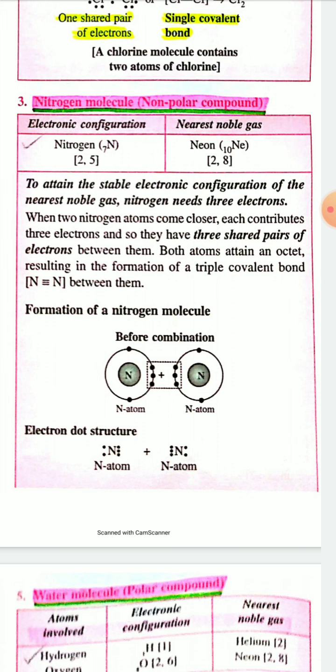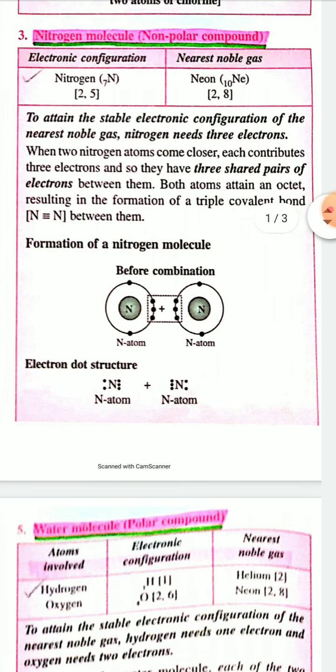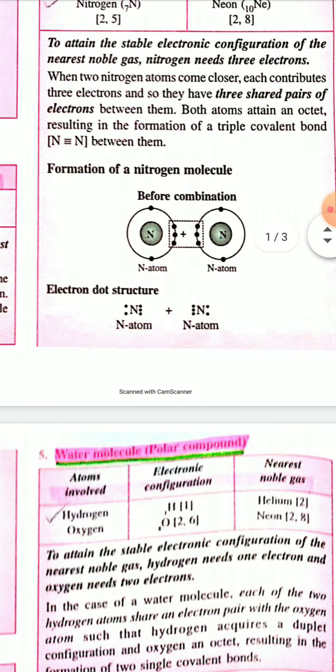Each nitrogen has shared 3 electrons, so a total of 3 pairs of electrons will form. That's why in the nitrogen molecule there is a triple covalent bond present between the two nitrogen atoms.